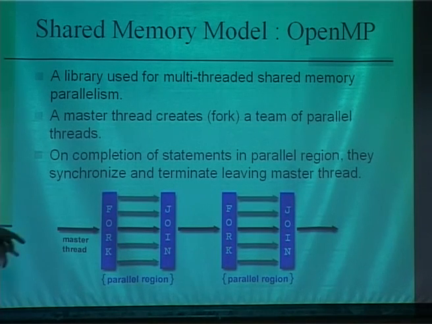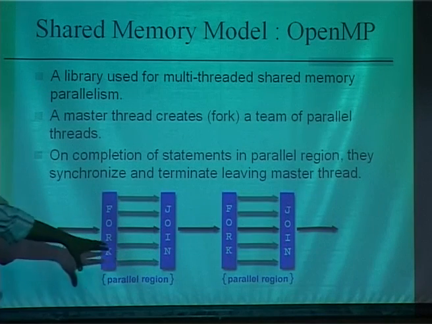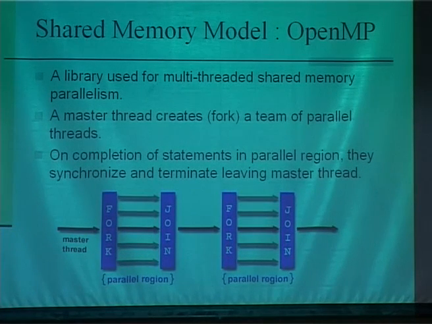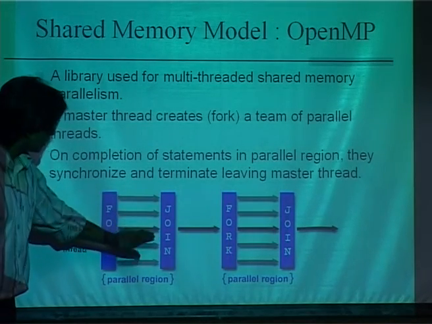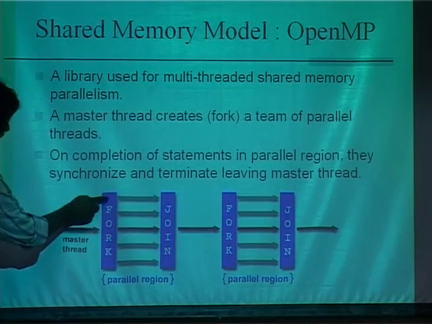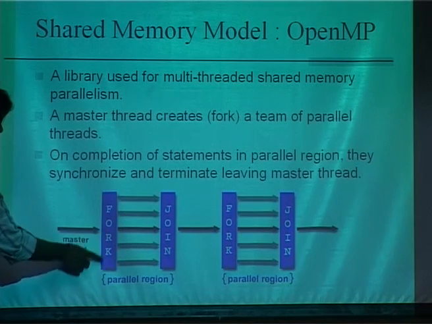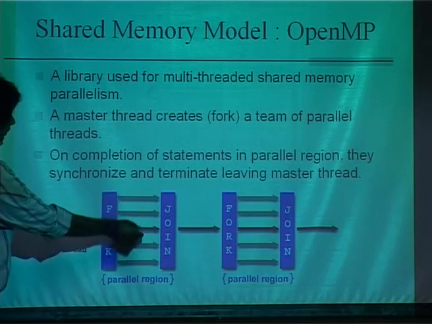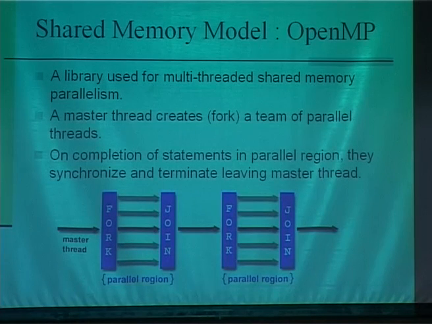It works like this: a master thread is forked into some child threads, and when the parallel region ends, it just joins and the master thread works sequentially. So the master thread always works sequentially, and it creates threads by fork when the parallel region starts, and then it joins.